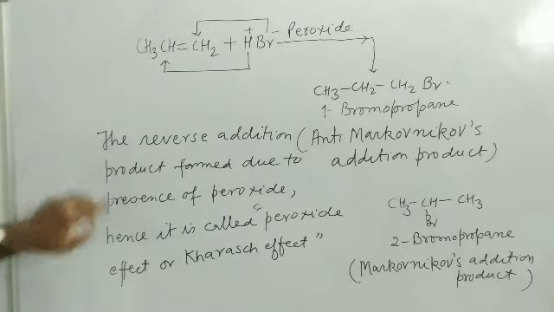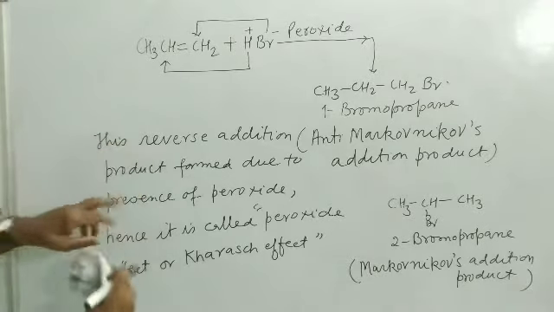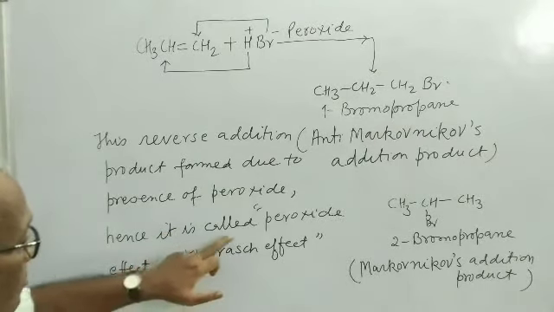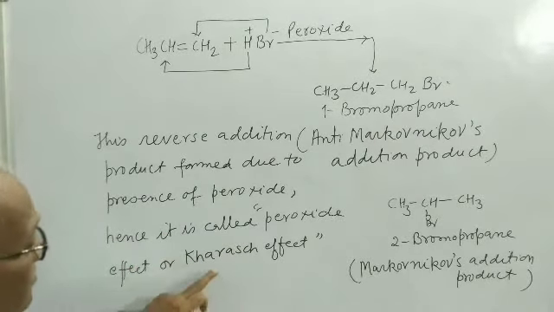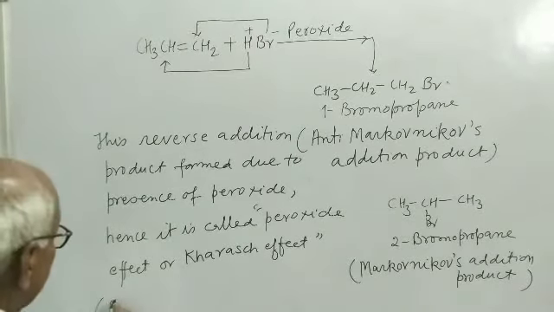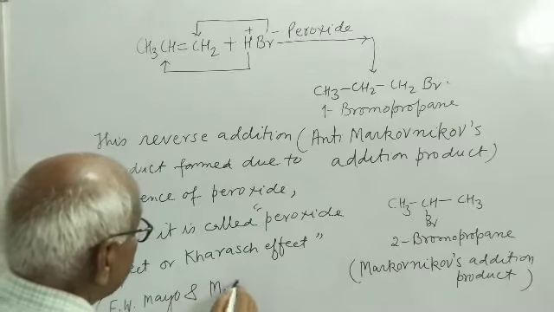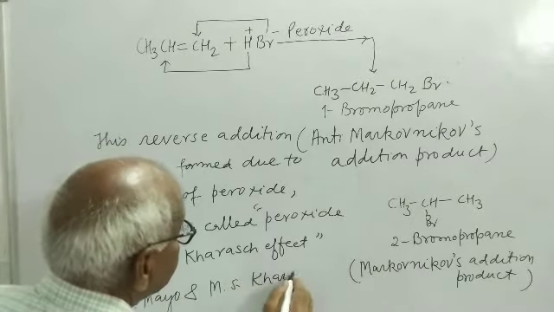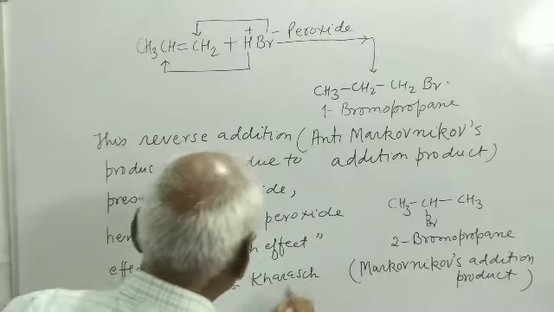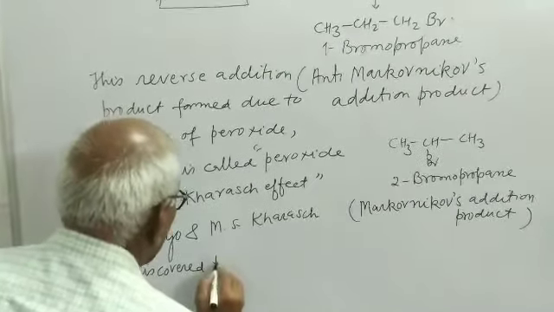This reverse addition product formed due to presence of peroxide, hence it is called peroxide effect or Kharasch effect. The name Kharasch, it is the name of the scientist F.W. Mayo and M.S. Kharasch. M.S. Kharasch discovered this effect.